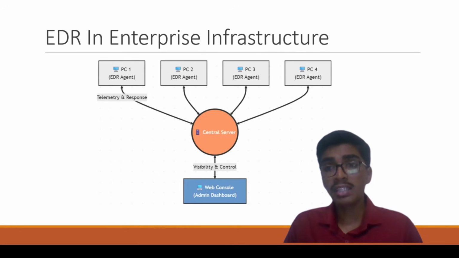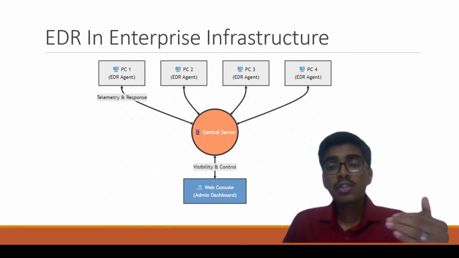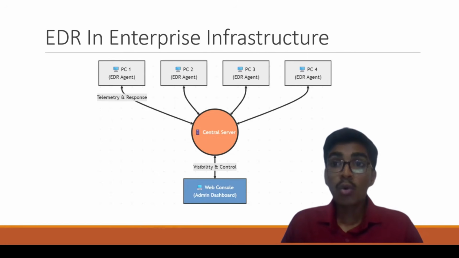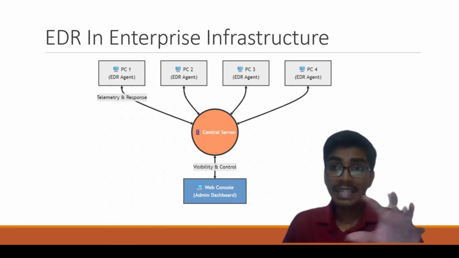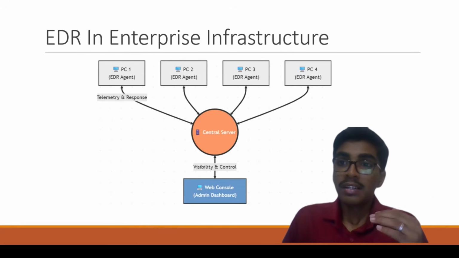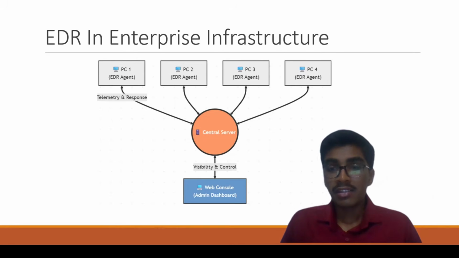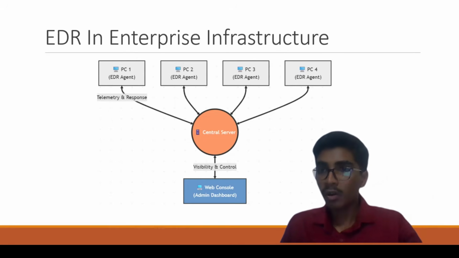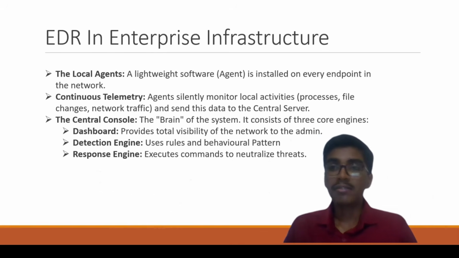And if the admin cannot see that at that moment, and this suspicious pattern leads to more severe damage to the entire network, then the automated response of our central server is used to block that PC and protect other systems. So this is how EDR works. It is not just for a single system, it is for the entire network.